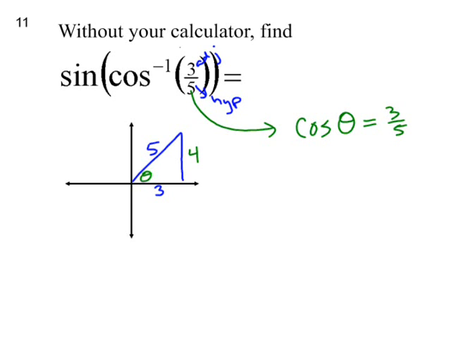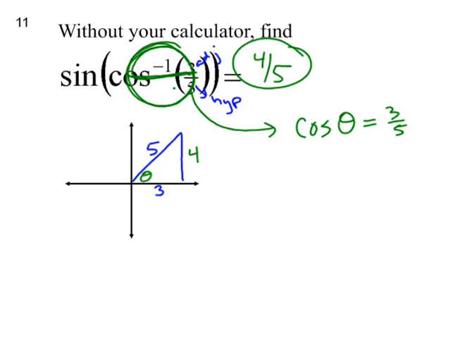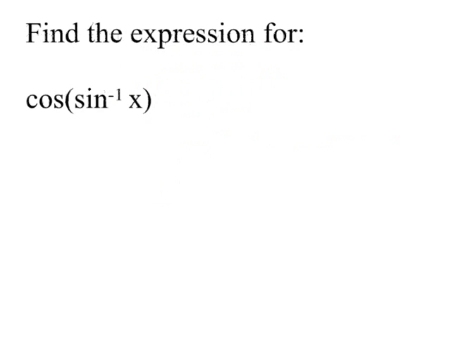So the answer to that question is just going to be an angle measurement. So if we know that's theta, then we just do sine of theta. And so sine of theta is going to be 4/5. And that's all you have to do.